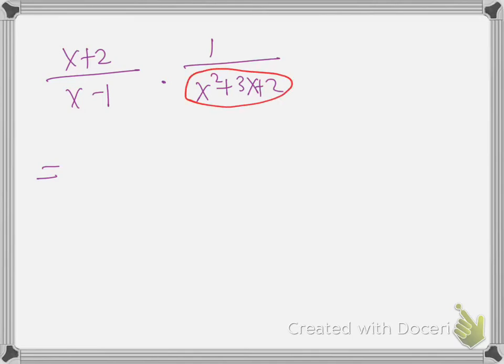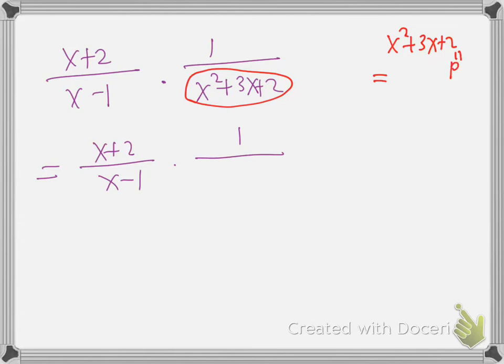The x plus 2 over x minus 1, you keep it. How do we factor that? Trial and error: for x squared plus 3x plus 2, we need two numbers with product 2 and sum 3. These are 1 and 2, so this is x plus 1 times x plus 2.